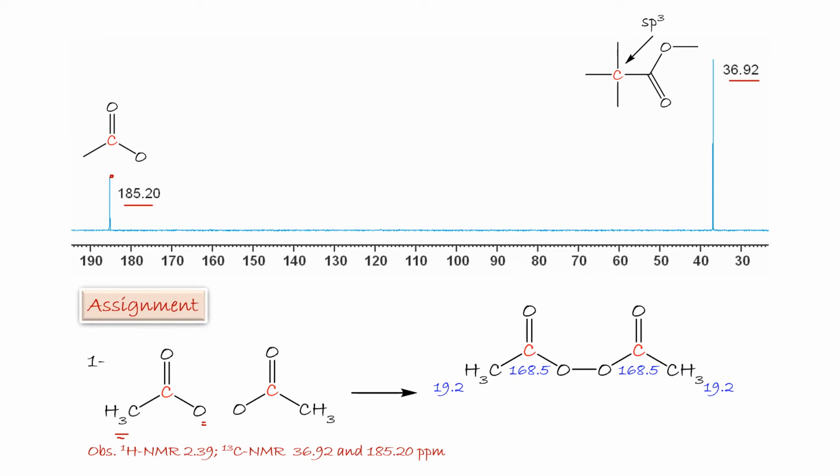Doing the calculation, this CH3 in carbon 13 should appear at 19.2 parts per million. Ours is 36.92. That's far away. Again, the carbon 13 at 185.20, here is 168. Again, far away. This means that this structure is wrong.